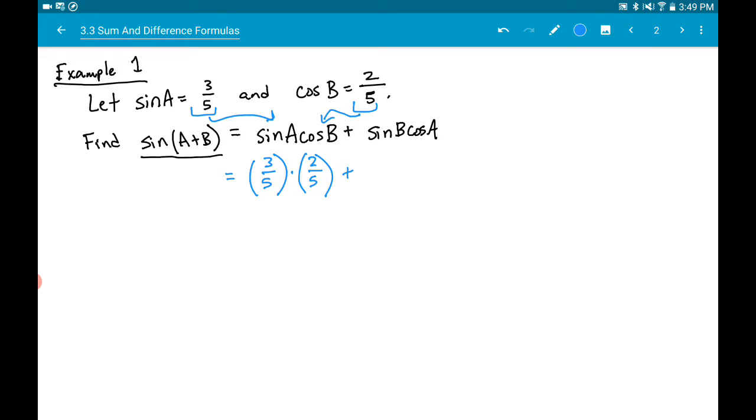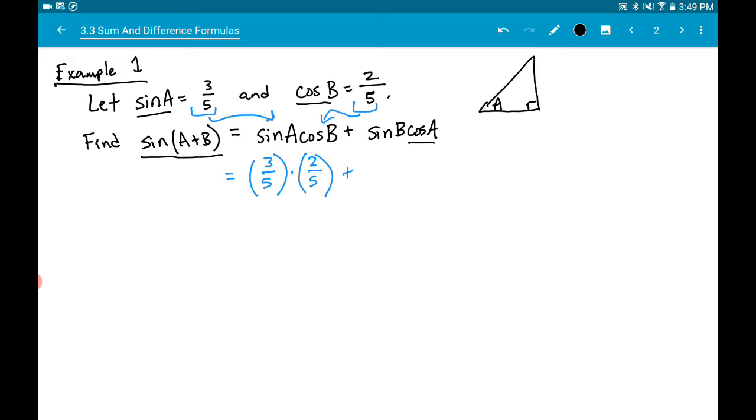But then it says I need sine of B, and all I have is cosine of B. Same thing, I need cosine of A, but all I have is sine of A. And so this is where some old stuff's going to come in. Remember when we did reference angles?